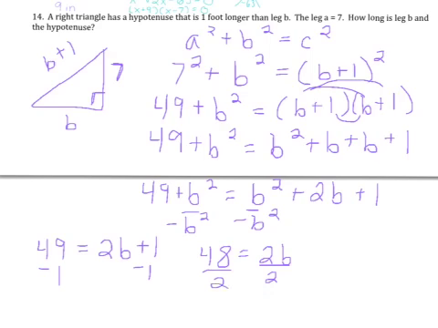So B equals 24. All right, so we know that this leg is 24 feet. And if we know that B is 24 feet, we know that the hypotenuse, B plus 1, has to be 25 feet.